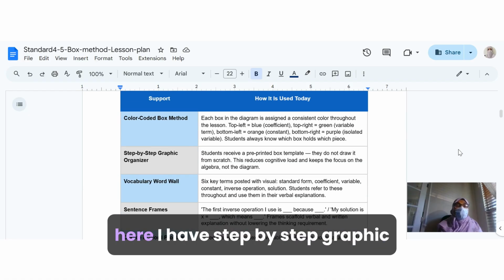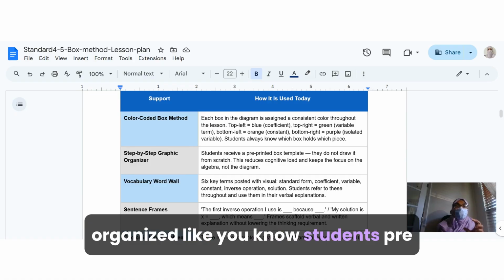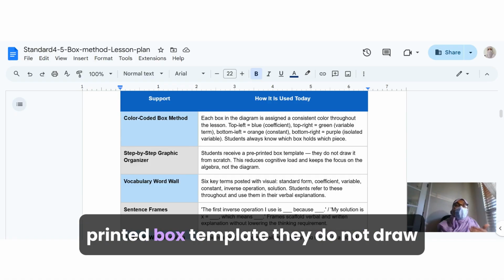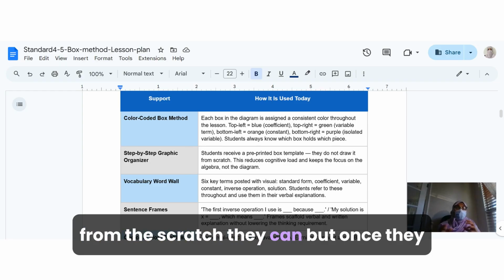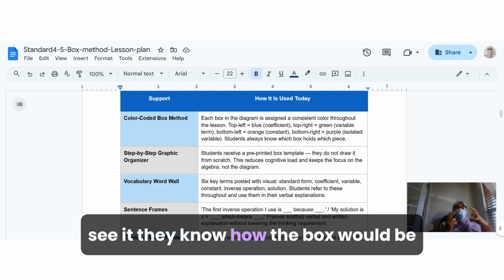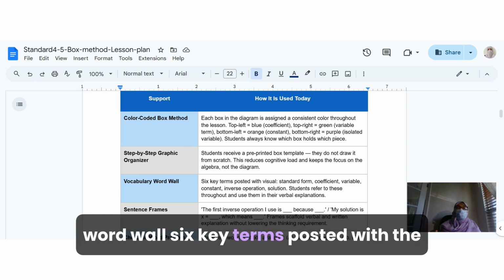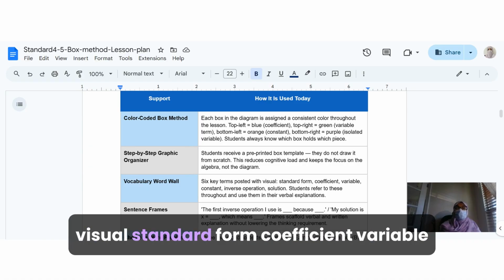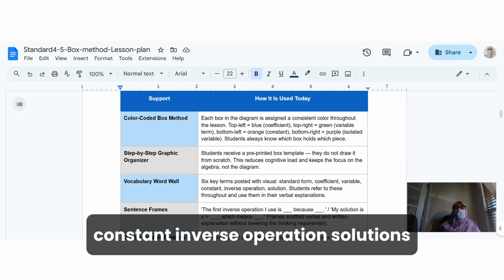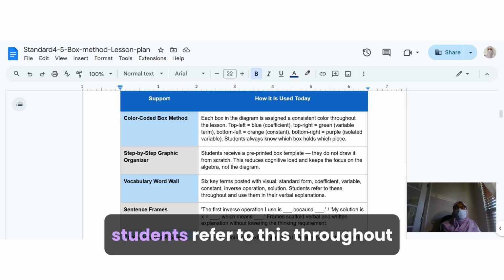I will show you here. I have a step by step graphic organizer, like a pre-printed box template for students. They do not draw from scratch. They can, but once they see it, they know how the box would be and then they can draw. And a vocabulary word wall, 6 key terms posted with the visual: standard form, coefficient, variable, constant, inverse operation, solution. Students refer to this throughout.